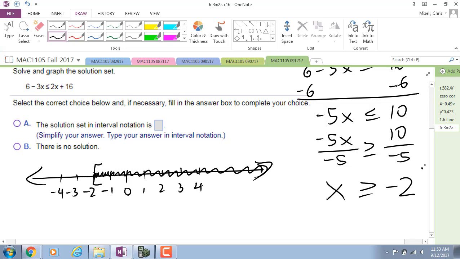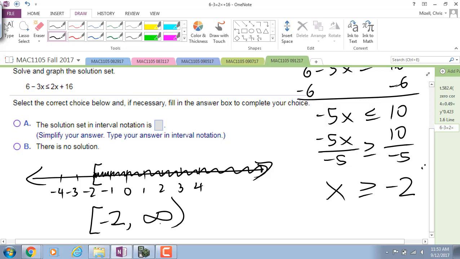To write this using interval notation, -2 is on the left. That's the left-hand endpoint of that interval, and it's included in the interval because of the bracket that we use. Bracket means it's included. And then, what's the right-hand endpoint? Maybe there's not one, and because there's not one, we write infinity.